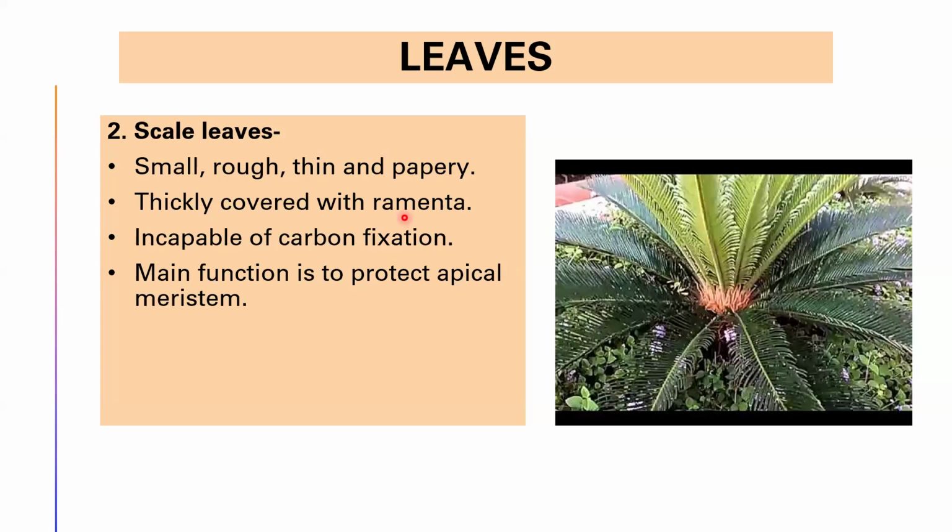They are bristle-like hairs that give brown color to the scaly leaves. See here, they are brown in color. So these are hair-like structures present over the scaly leaf, which give a brown appearance to the scaly leaves. Therefore the brown appearance of the scaly leaves is due to these brown hairs called ramenta.